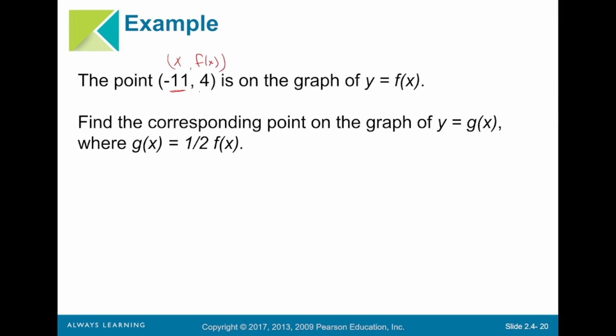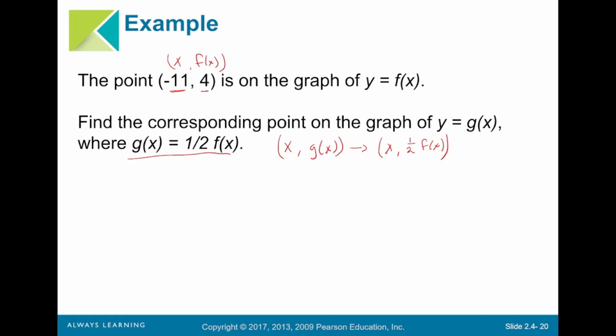This is my x value, this is my f of x value. And for this graph, we want to be thinking about x, g of x points. And we know that g of x is 1/2 f of x. That's what's given here.